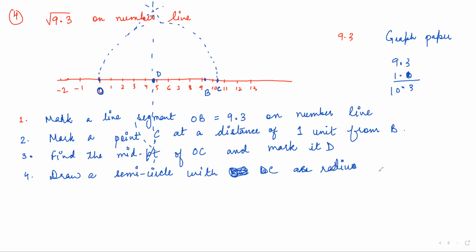Clear? DC as radius and center D. So you take distance DC in the compass and then with D as the center, draw a semicircle. So this much we have already done.